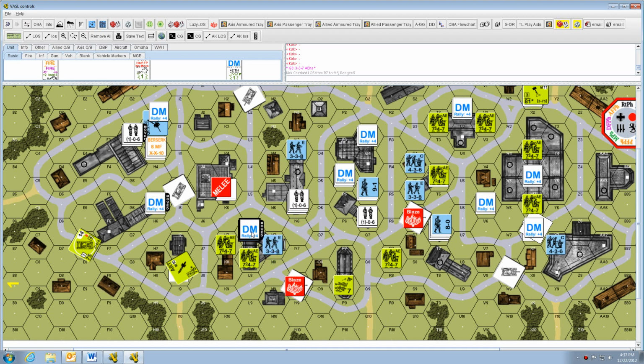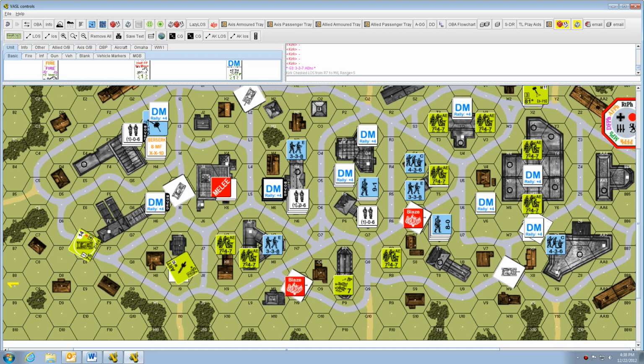So basically the rule with this one is this German player would have to surrender if he would be interdicted or cannot rout. In this case, he would be interdicted in this hex. He's not interdicted into this hex, so he does have a safe way to rout away because the only American player that can see this unit is outside his normal range, and then he would go to M5.